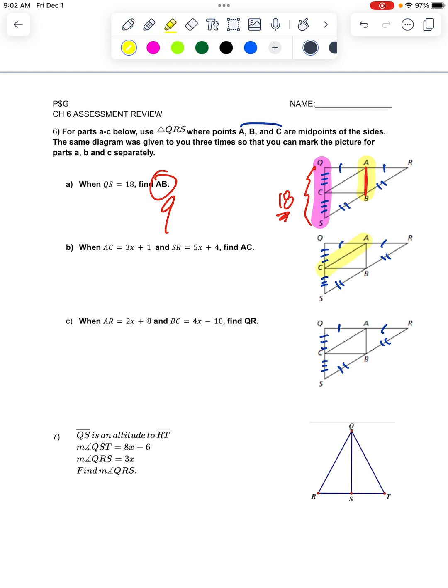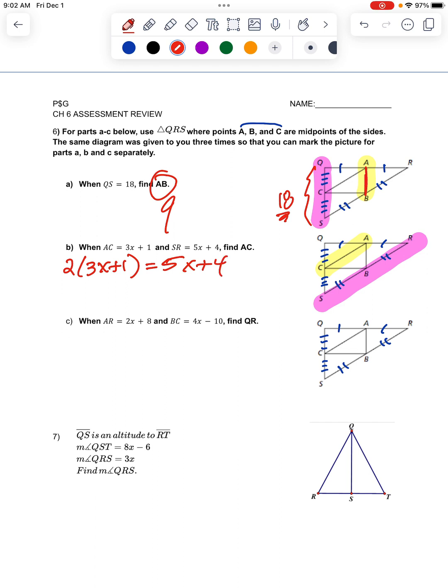Same idea here in part B. I have AC and SR. AC is our smaller segment, our mid-segment, so I want to multiply that by 2, and that's going to be equal to the bigger one.